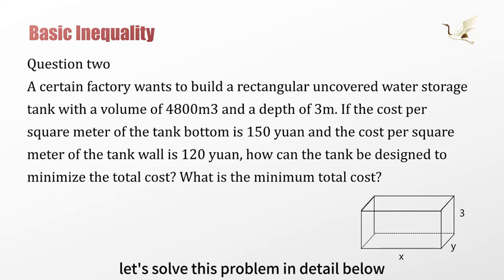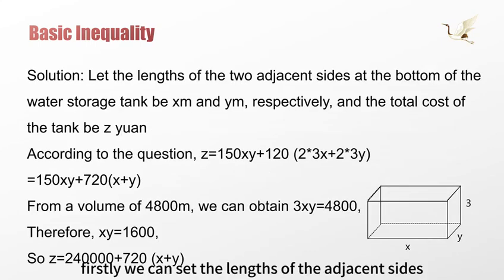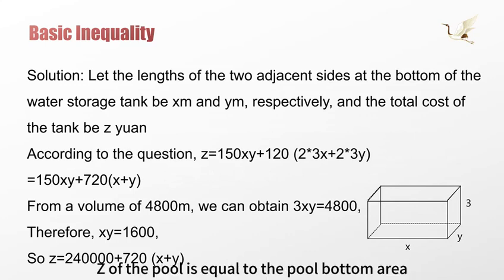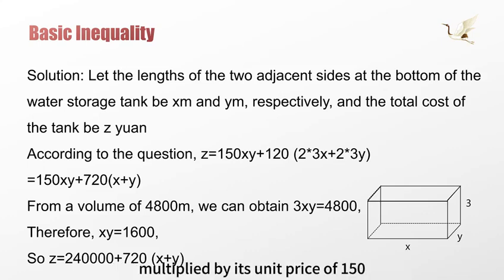Firstly, we set the lengths of the adjacent sides at the bottom of the injection tank to x meters and y meters respectively, and the total cost of the tank to z yuan. The total cost z is equal to the pool bottom area x times y multiplied by its unit price of 150, plus twice the pool wall area 3x plus twice the pool wall area 3y multiplied by its unit price of 120.